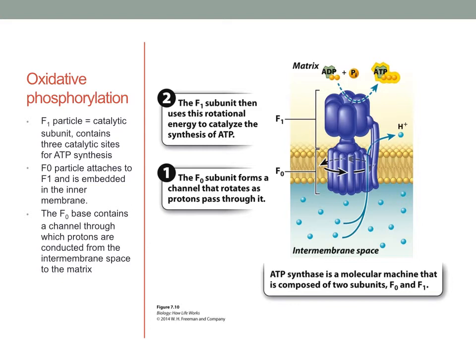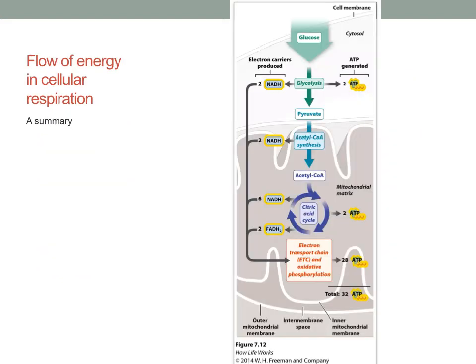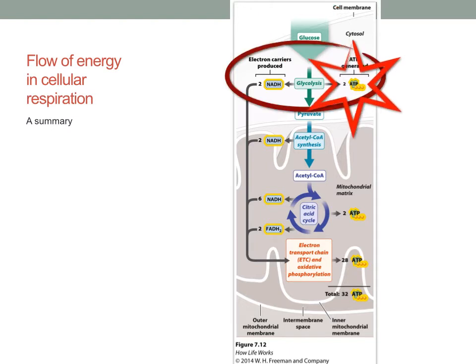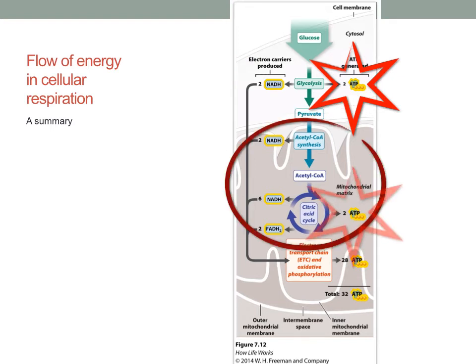So if we summarize the flow of energy in cellular respiration from a glucose molecule crossing the membrane of the cell, we see that the glucose will be able to enter the glycolytic process and form two molecules of ATP. Then it will move to the mitochondrion, where the citric acid cycle will be responsible for the production of two ATP molecules.